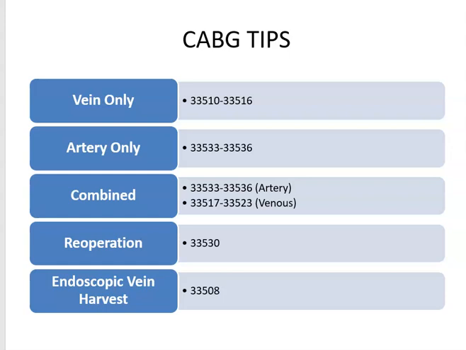So procurement of the saphenous vein is included in the work for this service. However, if in the documentation you note that the physician does an endoscopic video-assisted vein harvest, you can code it separately with add-on code 33508.